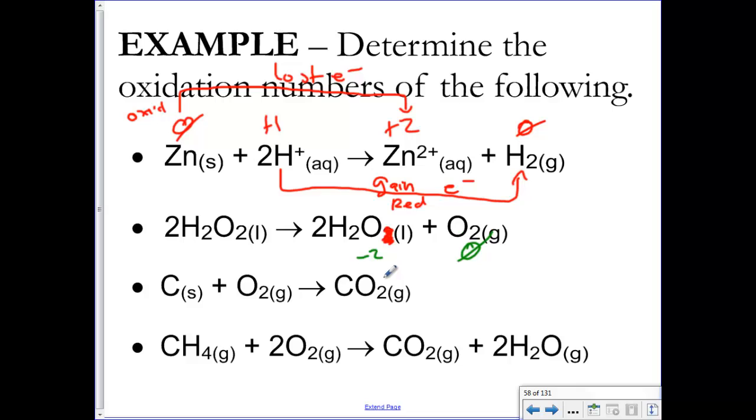Here the oxygen is -2 now, and here it's +1. And then over here, this is one of those exceptions, so -1 and +1. How does oxygen move 2 different ways? I told you this was going to come up again later. Oxygen goes from -1 to -2, and it also goes from -1 to 0.